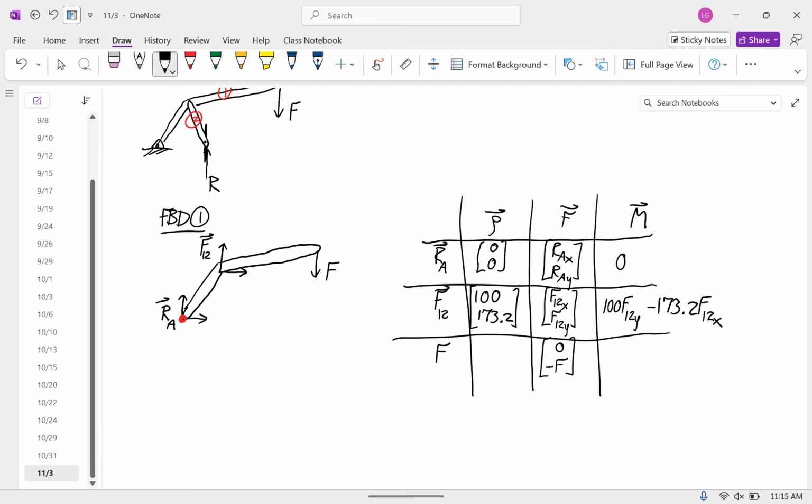So 486.37 and 276.73. And then the cross product is negative 486.37 F.